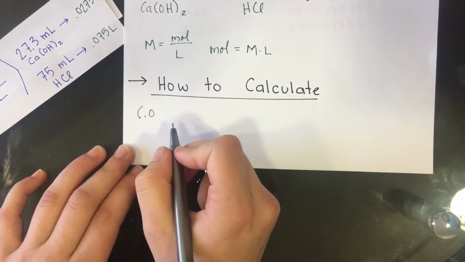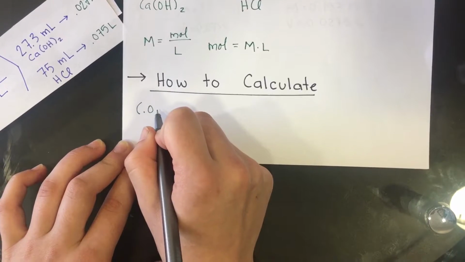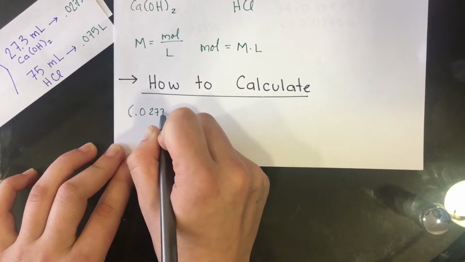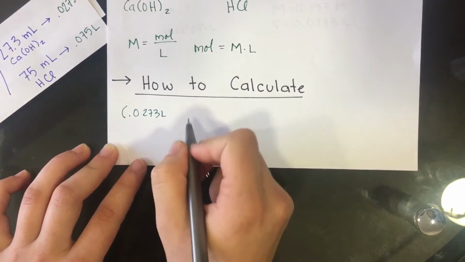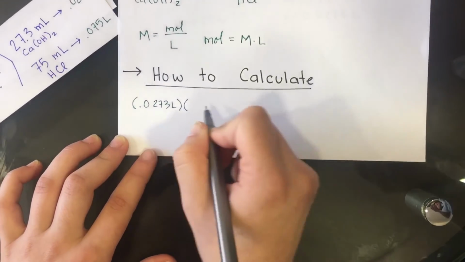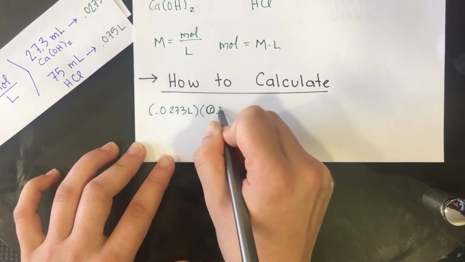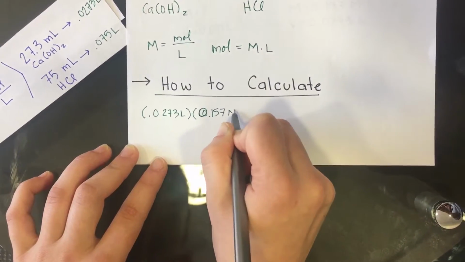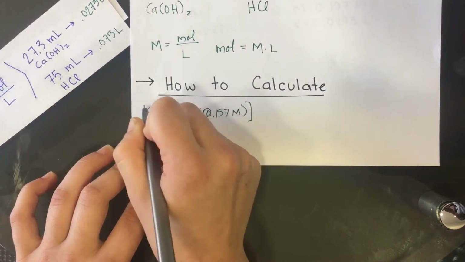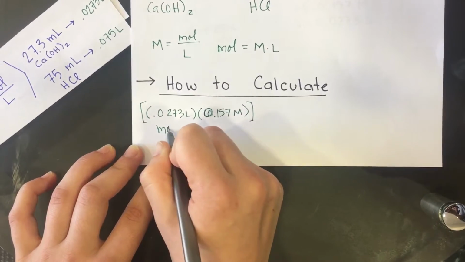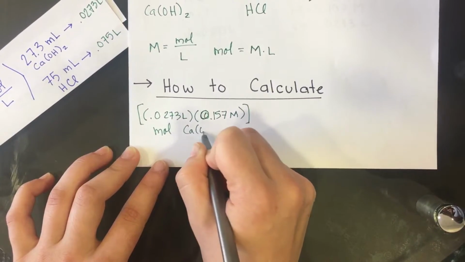Our volume is 0.0273 liters of calcium hydroxide times 0.157 molarity. This right here is going to give us moles of calcium hydroxide.